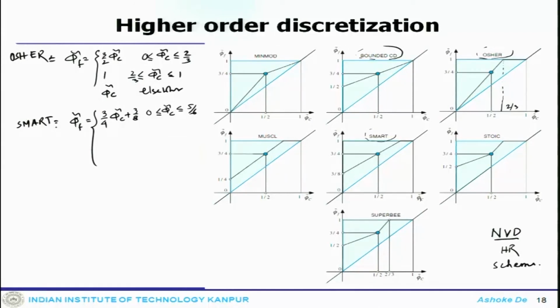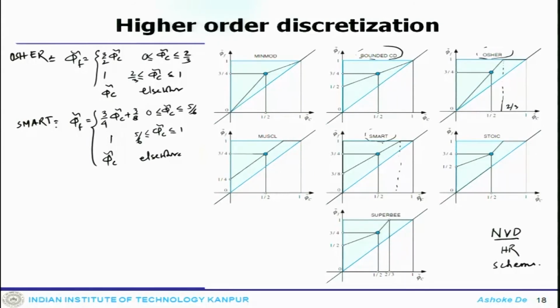This is the point which is 5 by 6, and if phi c tilde is between 5 by 6 and 1 it is 1. So, beyond that up to 1 it is a constant value, and elsewhere it is always phi c.